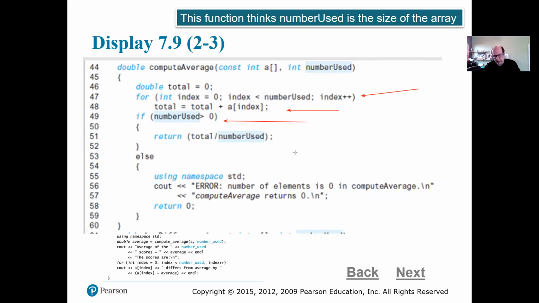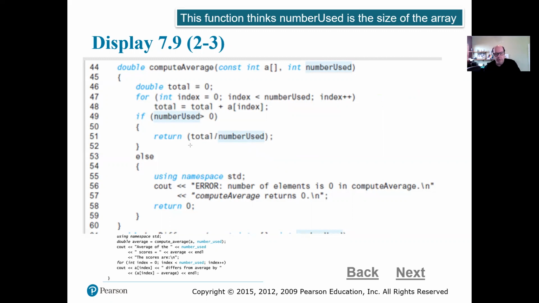Then I am not going to have any elements in my array, so this number used is going to be 0. And if I don't check it, I'm going to be dividing by 0 here, which is going to cause me a problem. That's why we are doing this thinking when we are doing the design for our problem. We just don't stop writing code. We just got to check these things out.